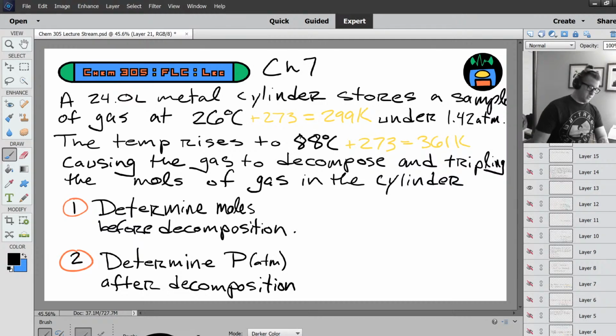Okay. So we have to do two things. We got to determine the moles before decomposition. We got to determine the pressure after.